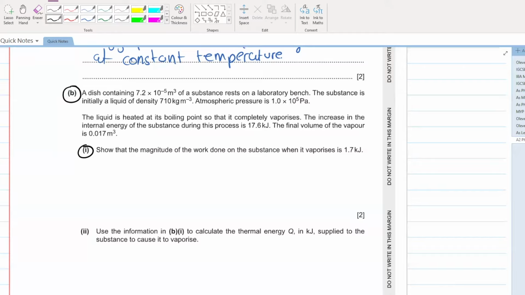Okay, let me do it. You have to show the magnitude of work done on the substance when it vaporizes is this. You have to calculate the magnitude of work done.